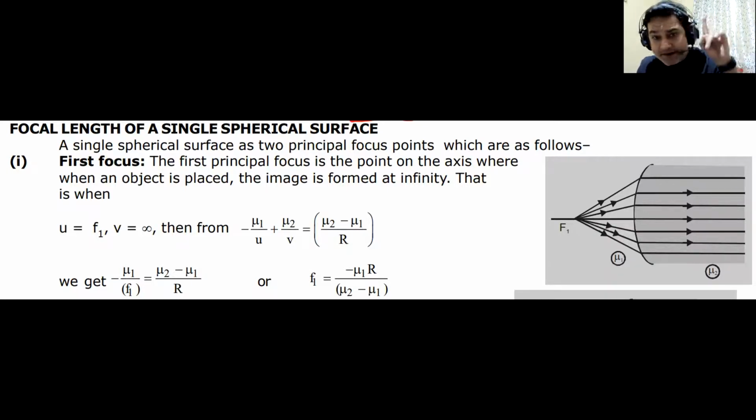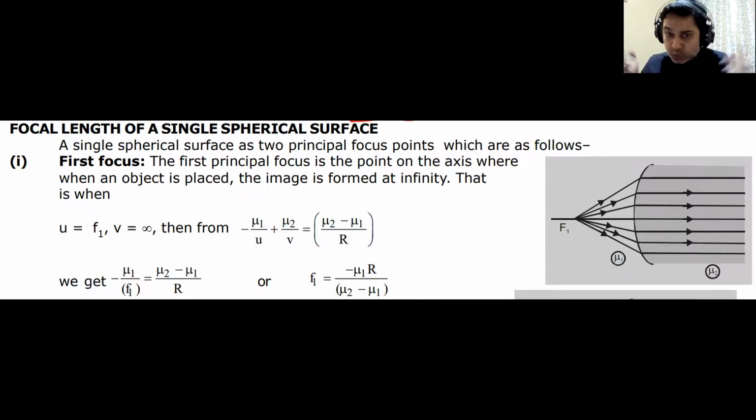Now, if you go back to mirrors, where we had drawn the ray diagrams, I told you a ray which is parallel to the principal axis, after reflection will go through the focus. At the same time, I did the reverse of it, and I told you if a ray is passing through the focus, after reflection it becomes parallel to the principal axis.